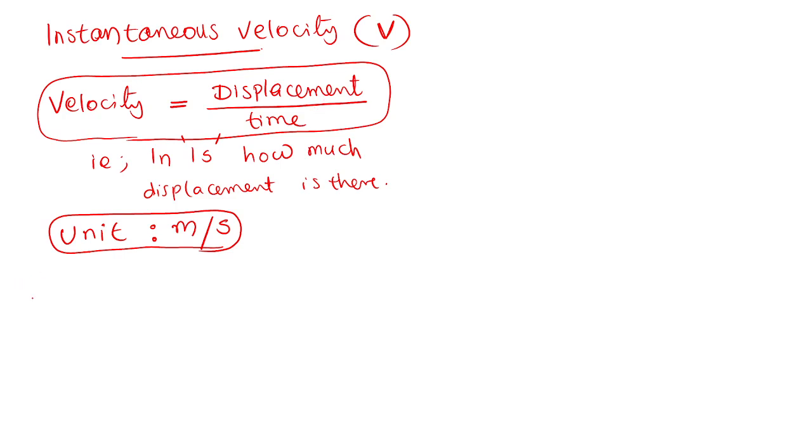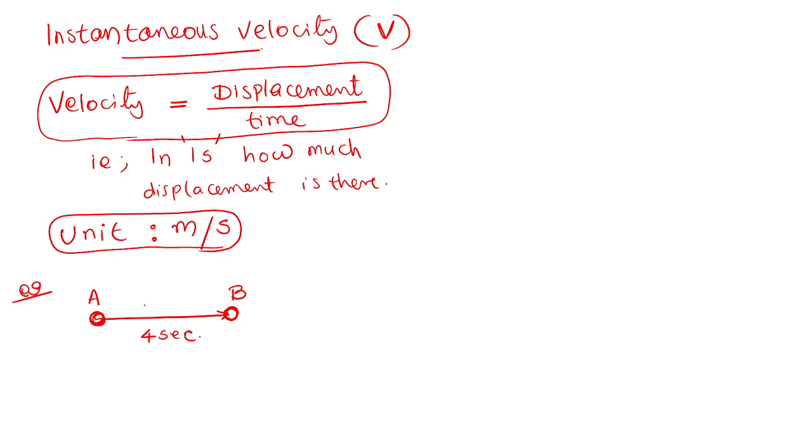For example, suppose there is a body traveled from A to B. Suppose in 4 seconds the body has got a displacement. Got a displacement means the shortest path connecting initial and final.